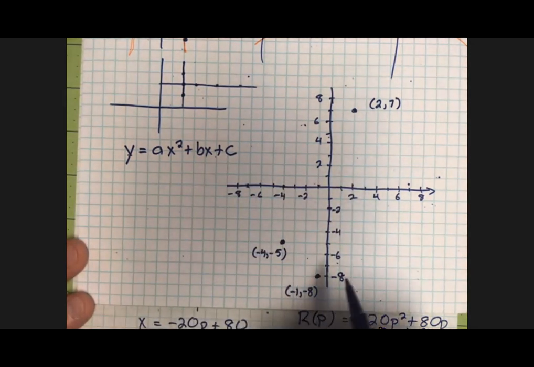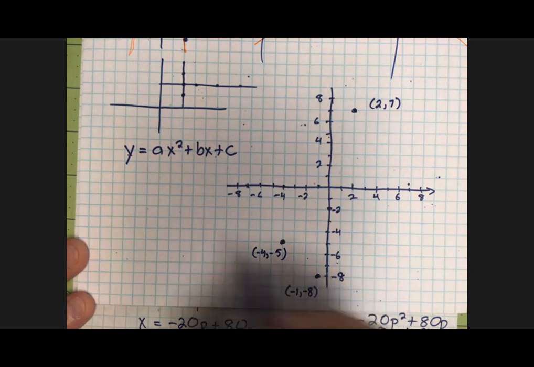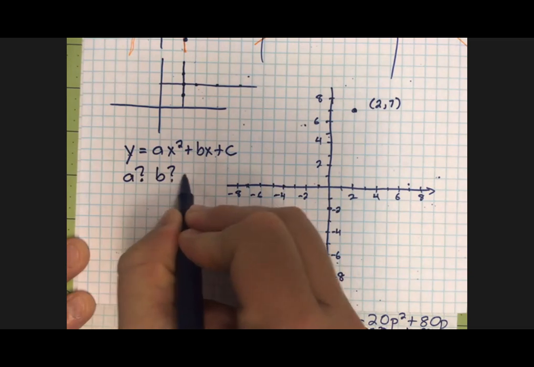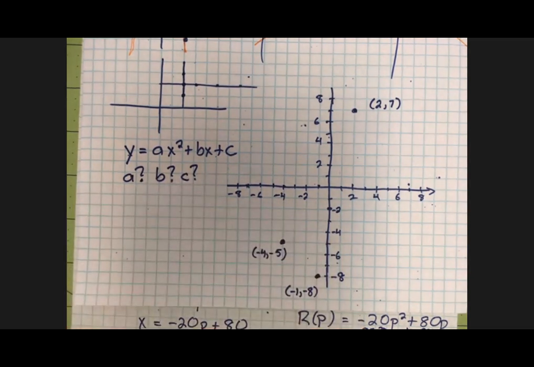The only trouble I have here is I don't know what the A and the B and the C are. This work we're going to do here even relates to what we're doing today. How could I find the A, B, and C?